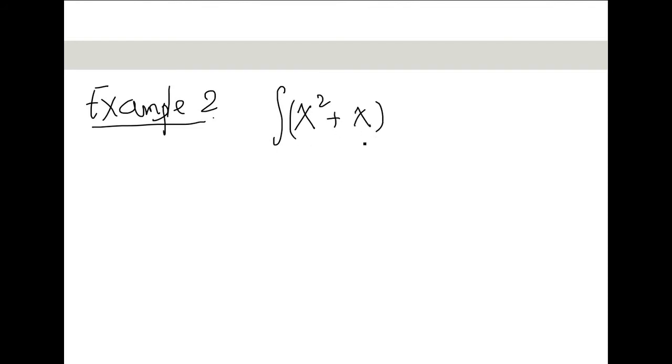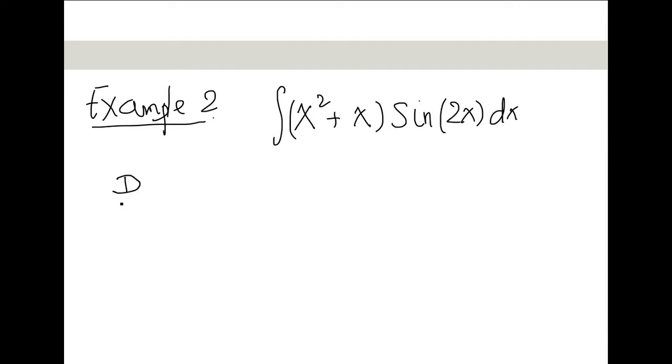Now here's another example we can try. Integral of, say, x squared plus x sine of 2x dx.